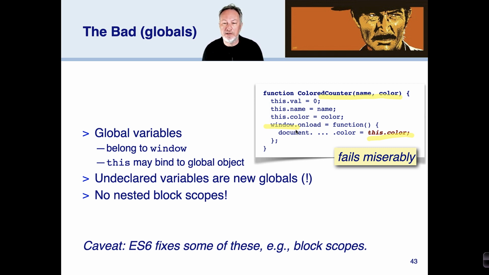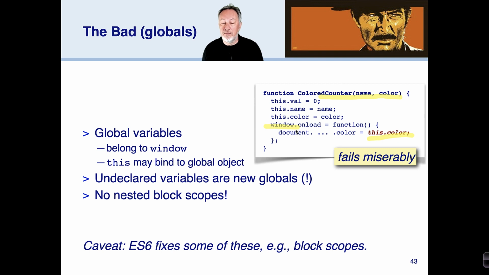Furthermore, if you execute a function like a constructor without calling new, or any function that's in a global context, then any references to this that might be there will actually refer to the global window object. And if you refer to a variable that doesn't exist yet, it will magically be created in the global scope. So undeclared variables will become new globals, which is not nice.